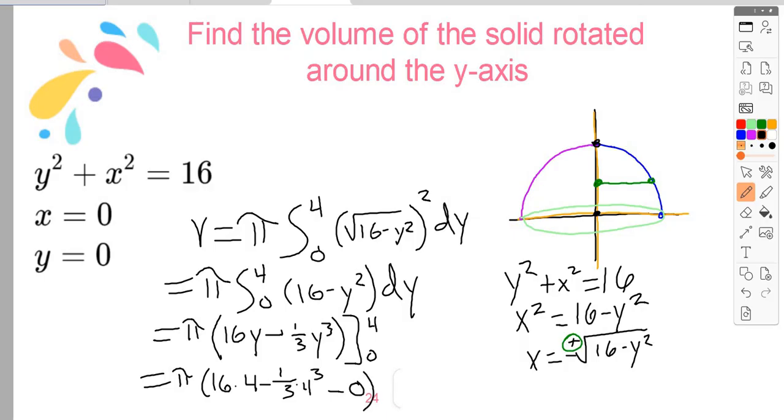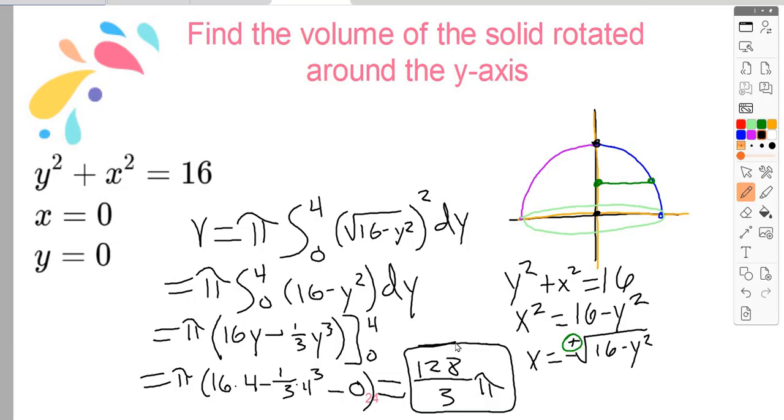That's nice. Free response question? Am I done? Yeah. Now, if this was calculator active or a multiple choice question where the answer was reduced, we would reduce that. And we get 128 over 3 pi. And that's right.